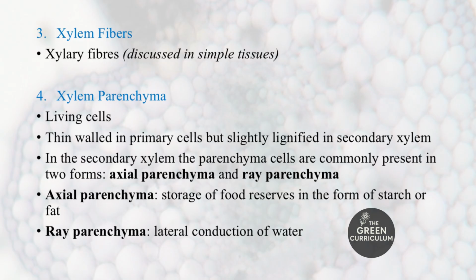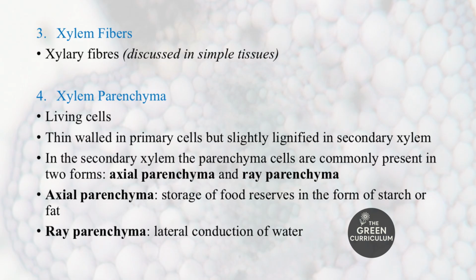There is a small difference in the case of xylem parenchyma. In the parenchyma cells present among the primary xylem, it is similar to that of the simple tissue. But when it comes to secondary xylem, the parenchyma present in the secondary xylem is slightly lignified, and there are two different types of parenchyma present among the secondary xylem: axial parenchyma and ray parenchyma.